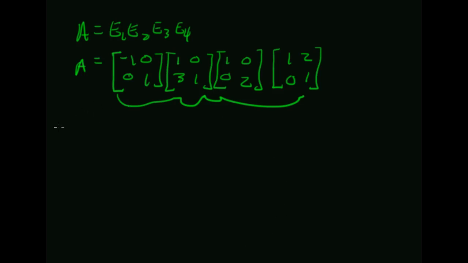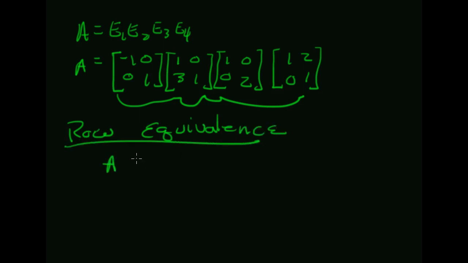This introduces an idea that we're going to call row equivalence. So if I have A and I can multiply A on the left by some product, i equals 1 to n of E_i, of elementary matrices, and get B, then I say that A is row equivalent to B. Okay, so why is this significant, right?